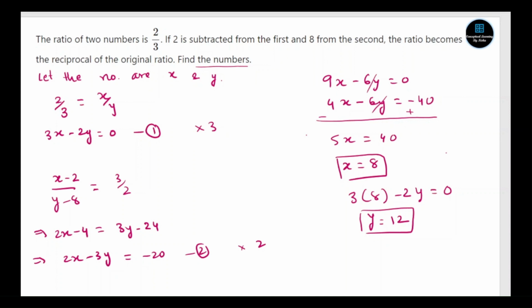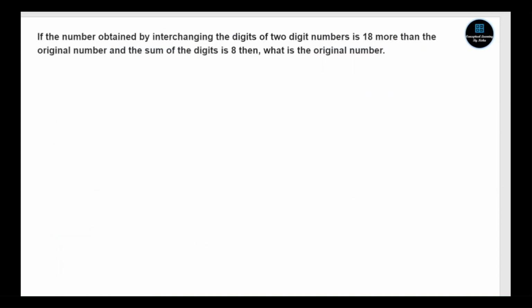When you subtract 2 from 8, you'll get 6. You subtract 8 from y, you'll get 4. So that is the reciprocal, 4 upon 6. So simplification is you'll get 3/2, right? So that is how you will get your answer.